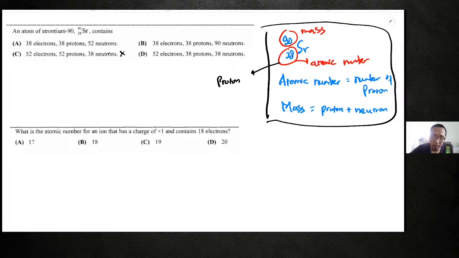For option A, you see 38 electrons. Is this one correct? This is proton plus neutron, and this one is the number of electrons. Remember, if the element is neutral, proton equals electron.